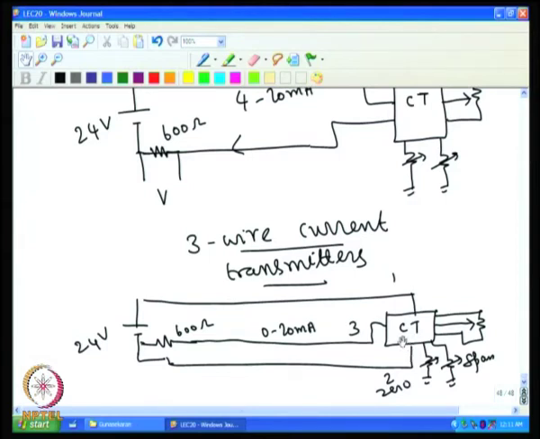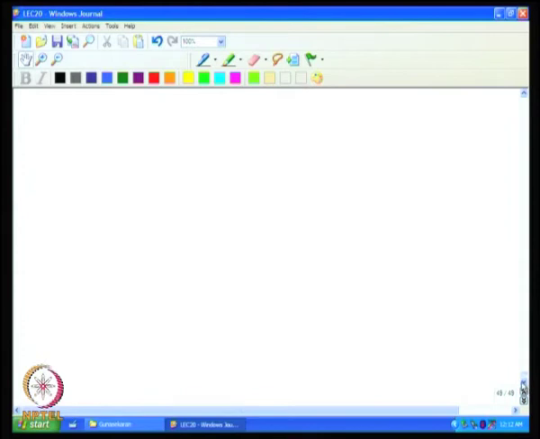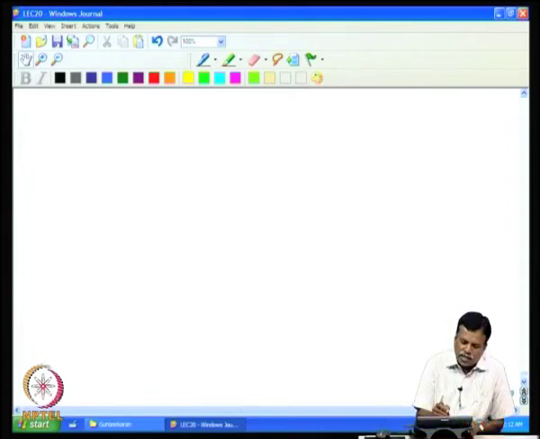So, 3-wire current transmitters are also popular. Let us see how to design these 3-wire current transmitters. 3-wire current transmitters are made for 0 and 20 milliampere. One end it will be 0 milliampere, the other end 20 milliampere. So, we call it 0 to 20 milliampere current transmitters.